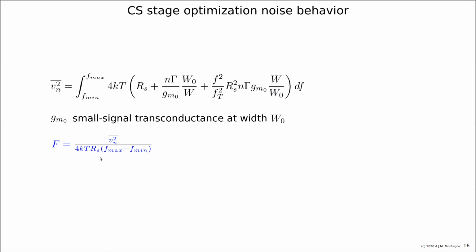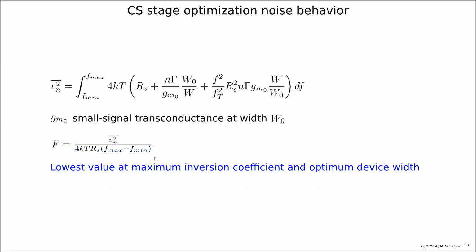That is the definition of the noise figure. So the total is in the integral above, and the other one is here, 4kTRS times B, the bandwidth, which is f max minus f min. I'm not going to substitute. You can do it yourself, but you can realize this is how we calculate it.